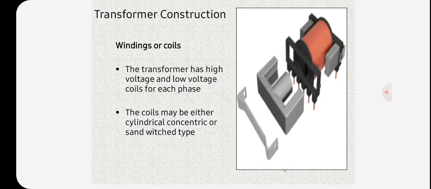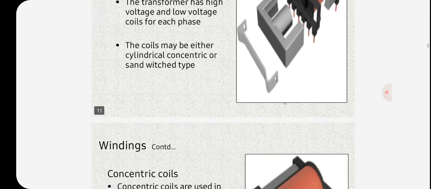The transformer's construction: windings or coils. The transformer has high voltage and low voltage coils for each phase. The coils may be either cylindrical, concentric or sandwich type.